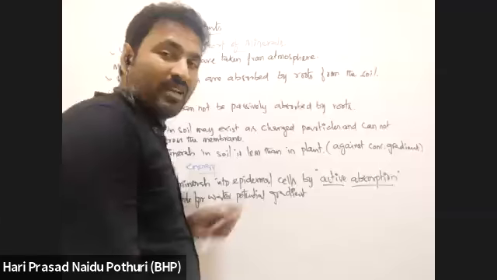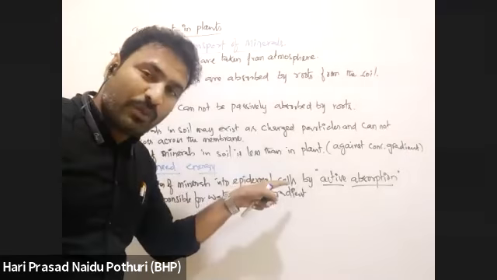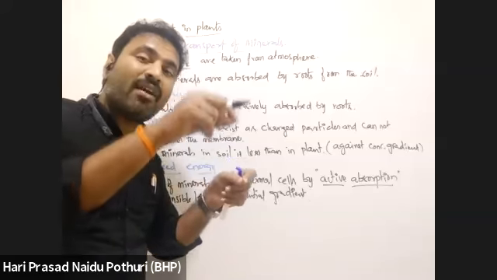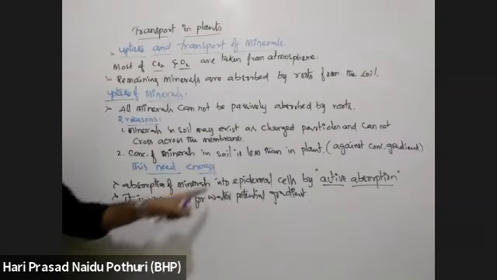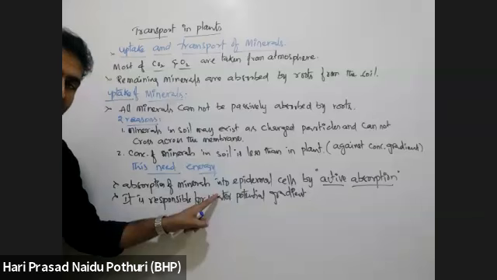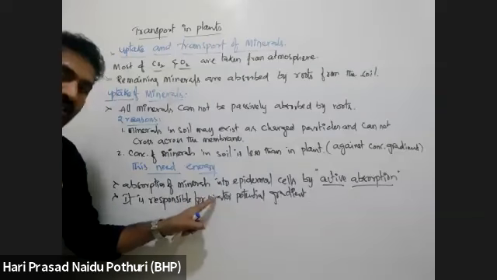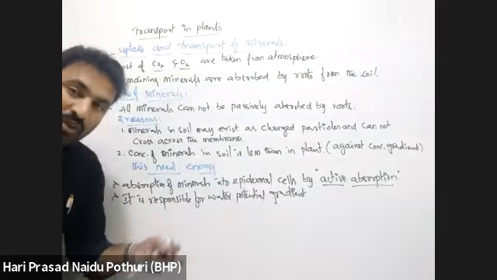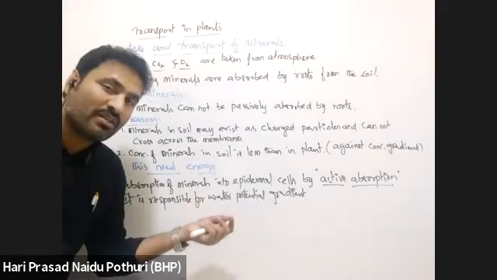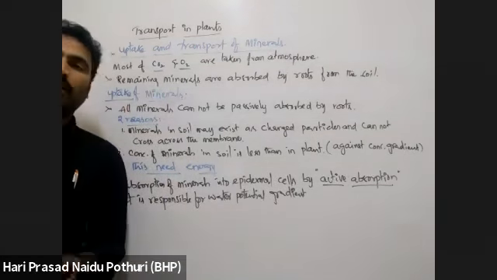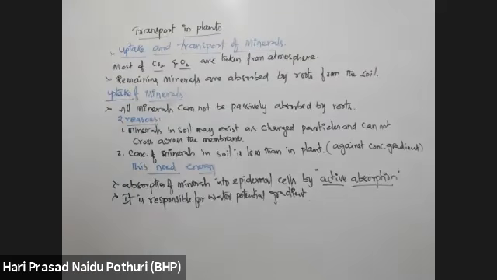By the active process, minerals enter the root. Inside the root, mineral concentration is increased, which means water potential decreases. Since water potential is decreased inside the root, water will enter the root by osmosis.